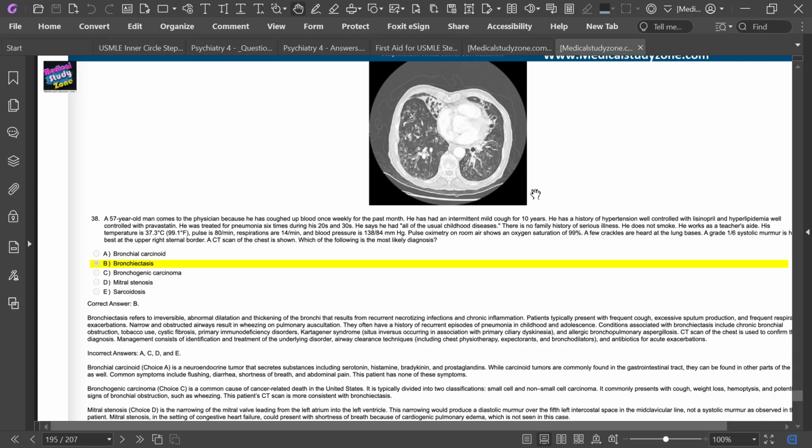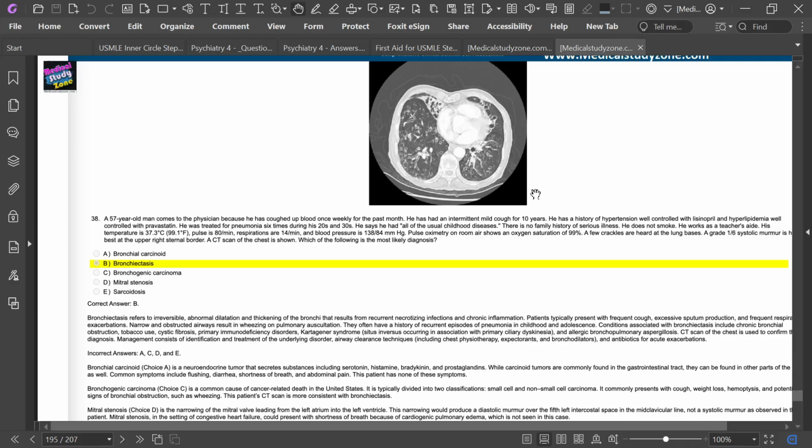bronchiectasis include chronic bronchial obstruction, tobacco use, cystic fibrosis, primary immunodeficiency disorder, Kartagener syndrome, situs inversus occurring in association with primary ciliary dyskinesia, and allergic bronchopulmonary aspergillosis.